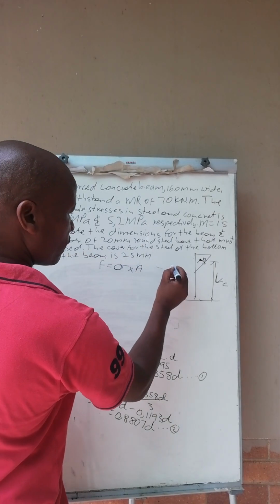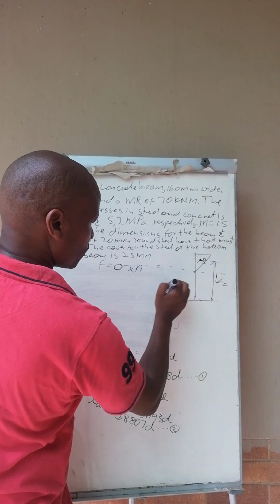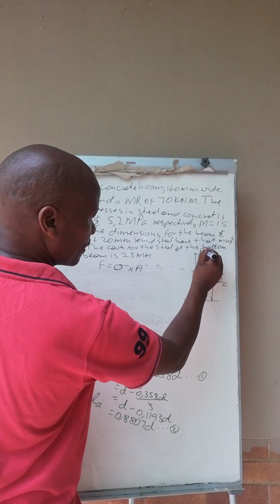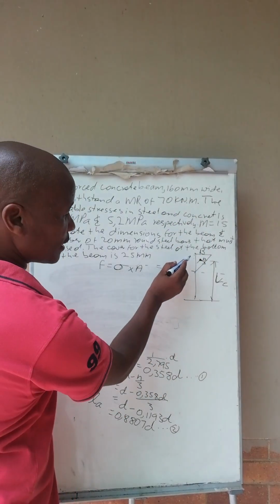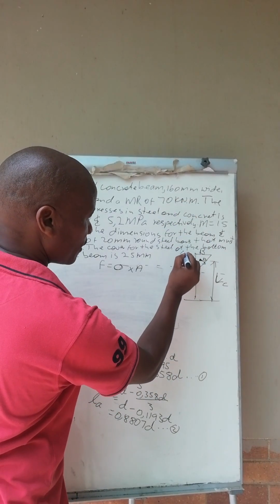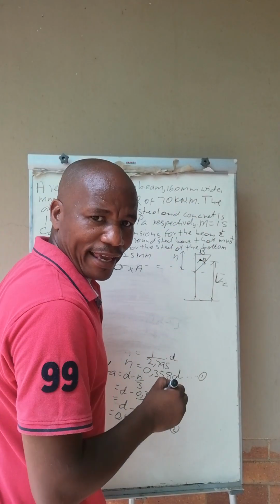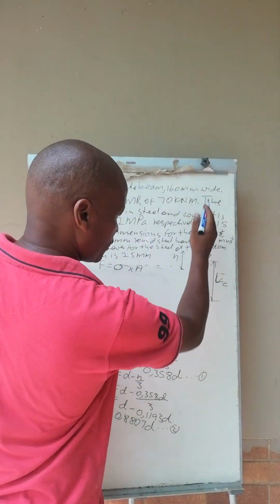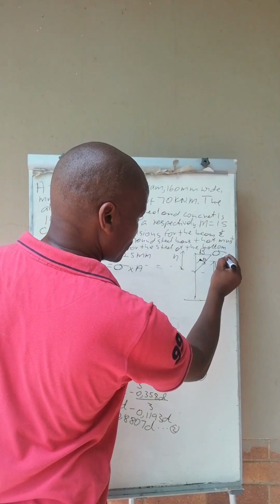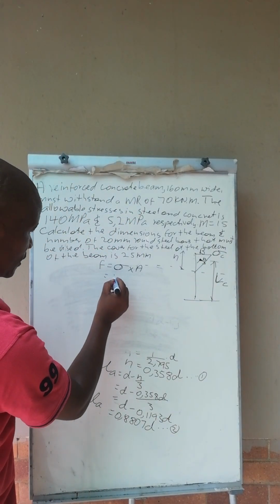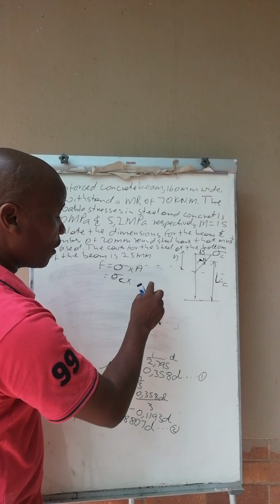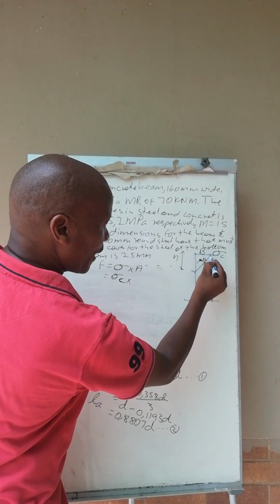And from this, if we say this is our neutral axis, this is the breadth, and the distance from there to there is n. On the upper part, it is the stress of concrete. So this is the stress of concrete multiplied by the area of this triangle.